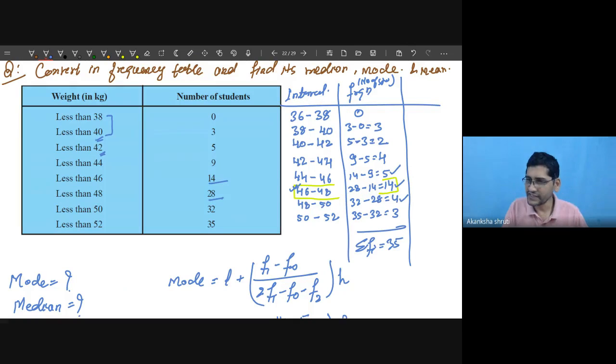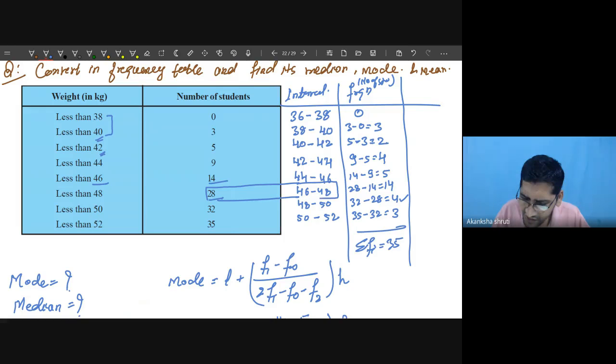So 14 is excluded, but after that we need to take 28. In this case also the class interval is 46. But this time our approach is reaching here with the help of cumulative frequency, not with the frequency.